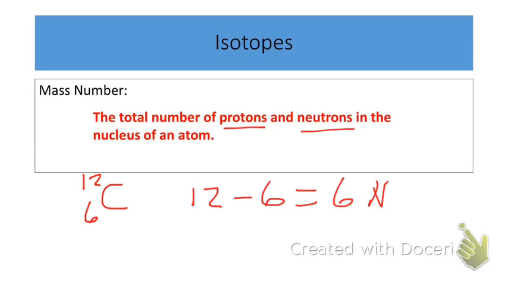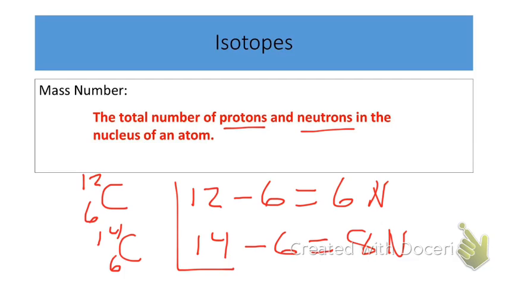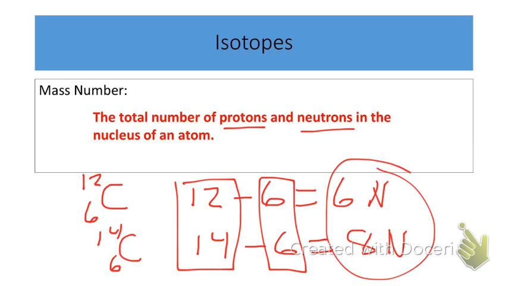For carbon 14, if we take our 14, our mass number, and subtract our number of protons, that gives us 8 neutrons. So from the mass number and the atomic number, we can find the number of neutrons for any atom.